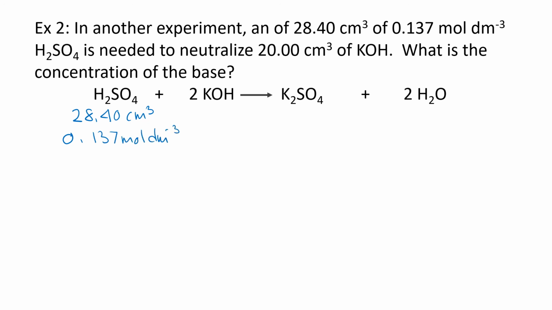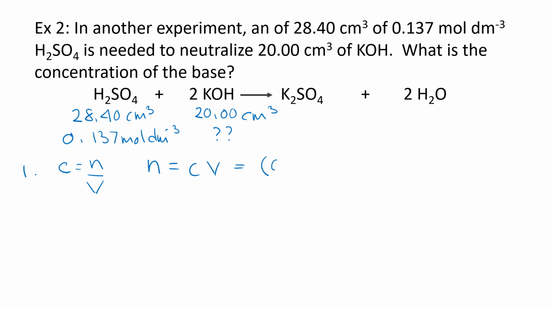And for the KOH, we know we're using 20.00 centimeters cubed, and we are looking for the concentration of this. Okay, so same 3 steps, and we're always starting with the solution that we know both the volume and the concentration. So step 1, I'm going to use C equals n over V to solve for n. n equals C times V.